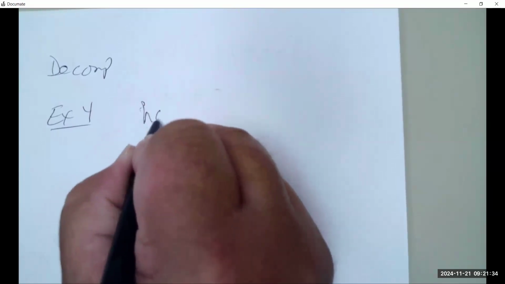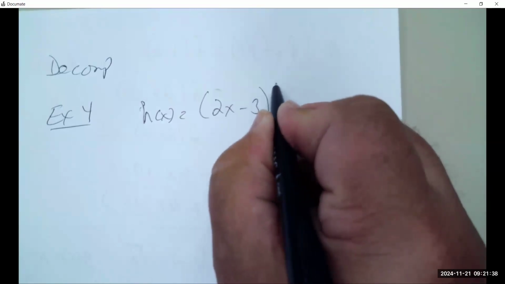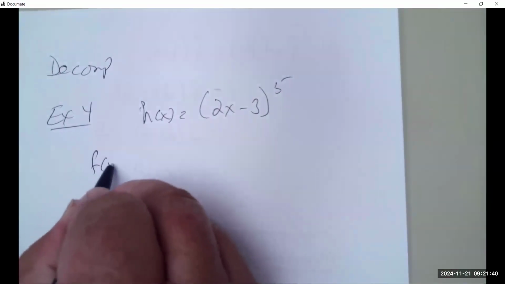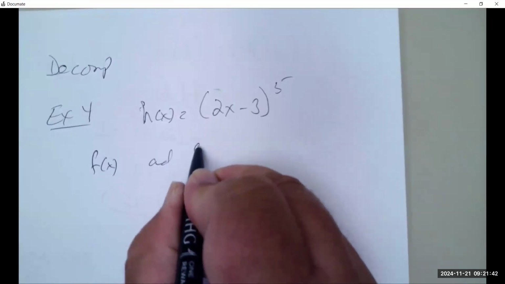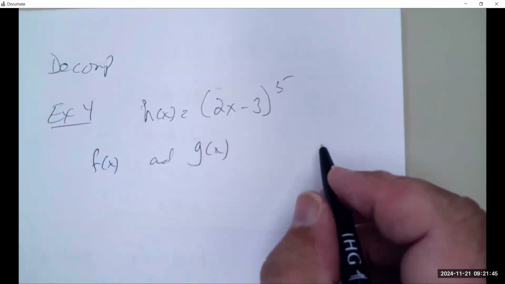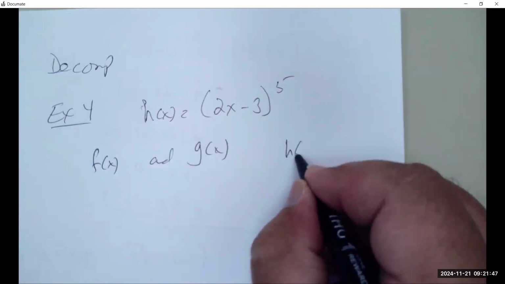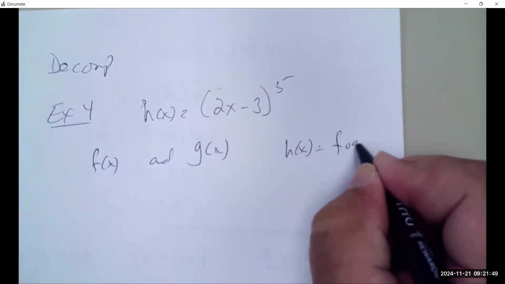If I have h of x is made up of 2x minus 3 to the 5th, find f of x and g of x such that h of x is equal to fog.